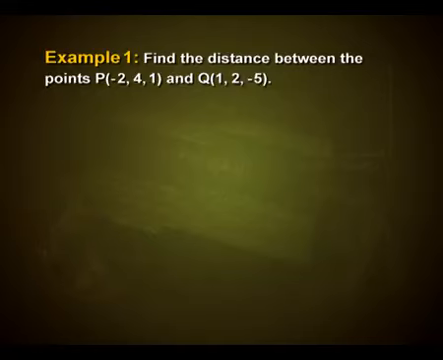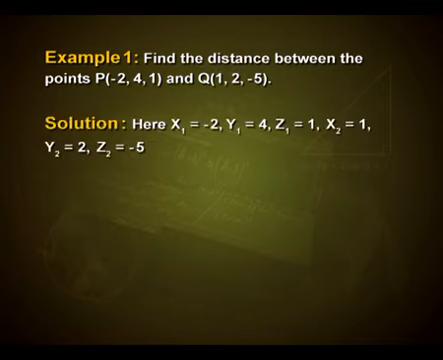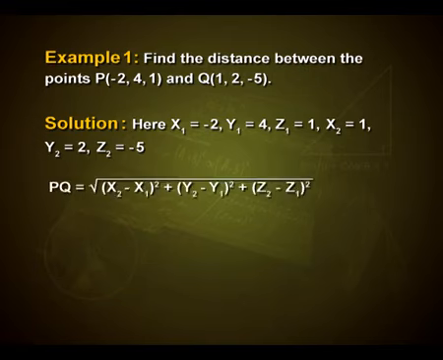Find the distance between the points P(-2, 4, 1) and Q(1, 2, -5). Here we can see that x1 is -2, y1 is 4, z1 is equal to 1, x2 is 1, y2 similarly is 2 and z2 is -5. Now, on substituting in the distance formula, we have PQ is equal to the square root of (x2 minus x1) whole square plus (y2 minus y1) whole square plus (z2 minus z1) whole square.